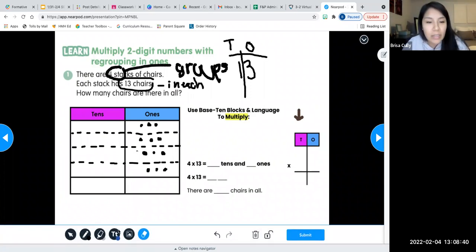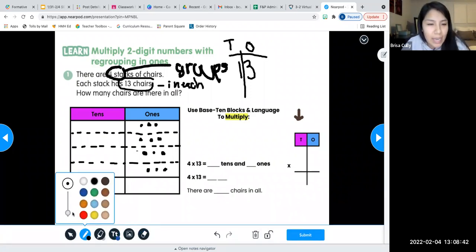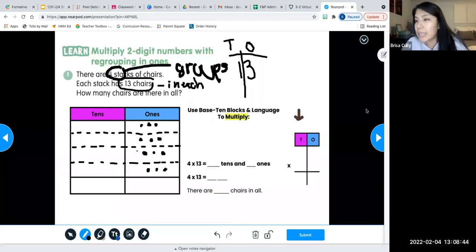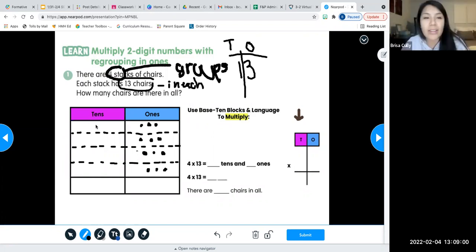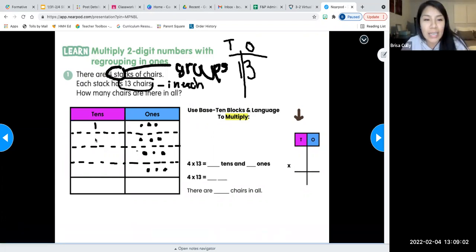All right, and then how many 10's are in each stack? How many 10's, Donna? So there's 1. 1 what? Good girl. 1 10 in each stack.